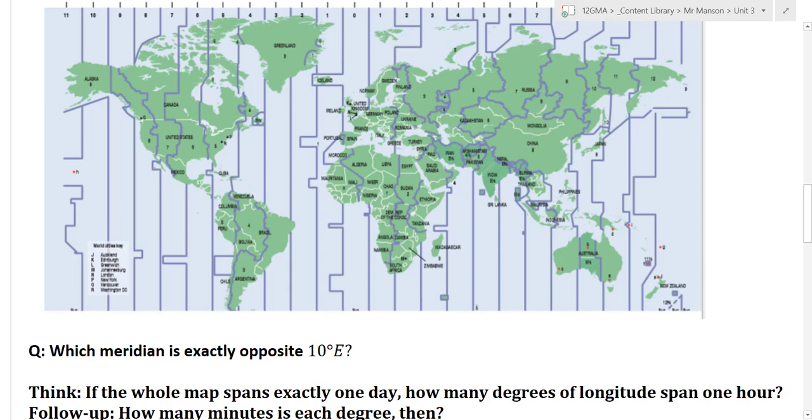If it's currently 10 AM on the Gold Coast, what time will it be on the opposite side of the planet? Any takers? And this is theoretical again.